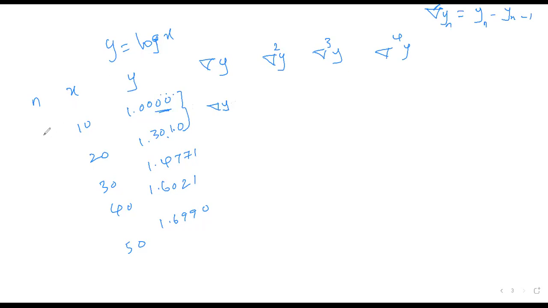Let's say this is my 0, 1, 2, 3, 4. Okay. So here you have to tell this is for y_1. So nabla y_1 is equal to y_1 minus y_0. So we don't have nabla y_0 in any sense because there is nothing to subtract, no. So if you want to make the backward table, you have to take this one as nabla y_1.